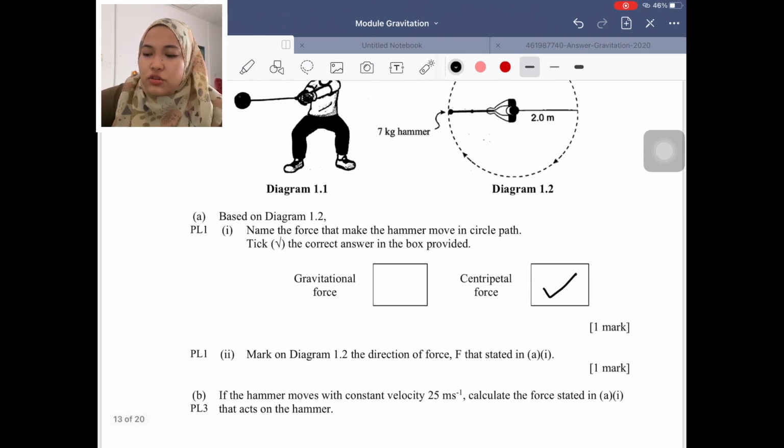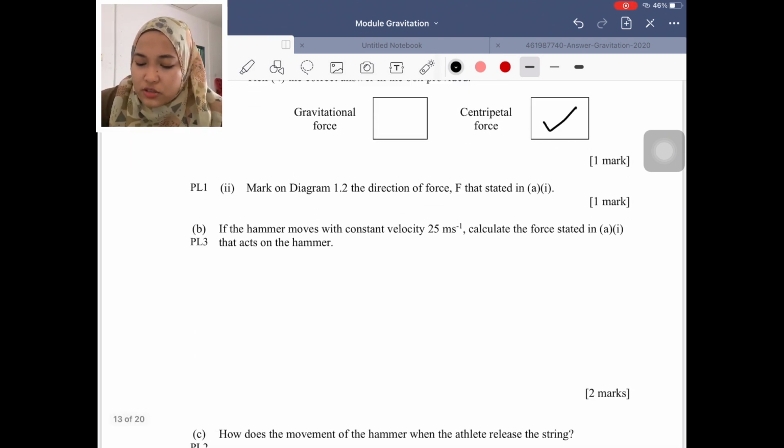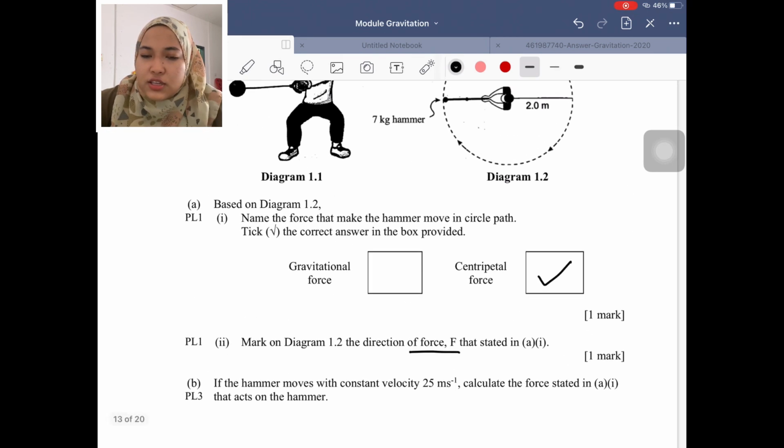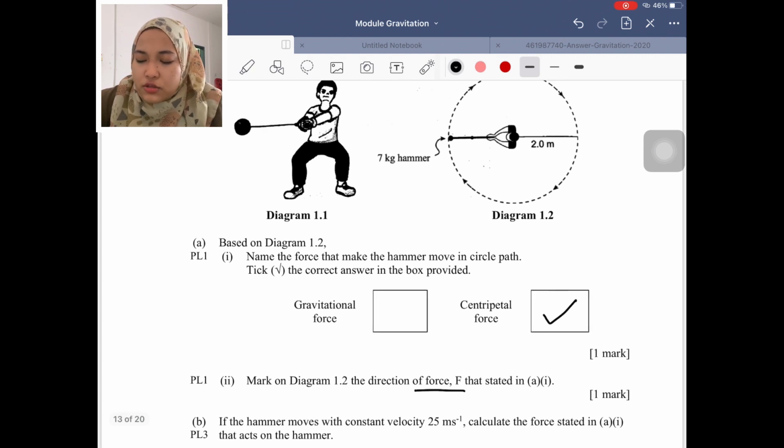Okay, so the direction, okay, so mark on the diagram 1.2, the direction of the force stated in A1. So bila the direction of centripetal force is always pointing towards the center of the force. Okay, so dia towards, kita guna warna lain lah.